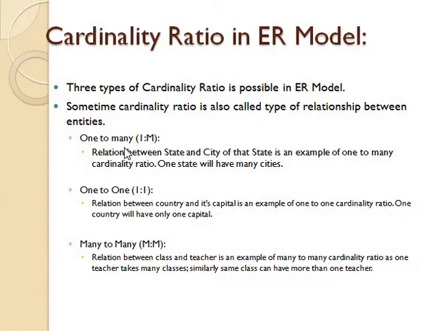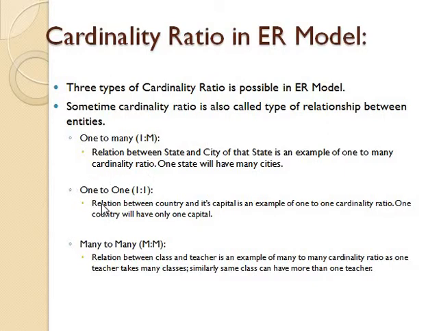The common example for this 1:many cardinality ratio is the relation between state and city. This is because one state can have many cities. That's why there is a 1:many relationship between state and city.